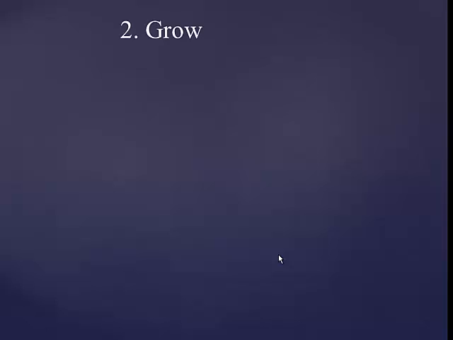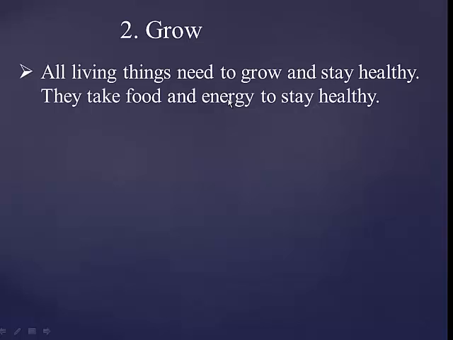The second characteristic is growth. All living things need to grow and stay healthy. They take food and energy to stay healthy. As I said before, living things can grow and they have to stay healthy.